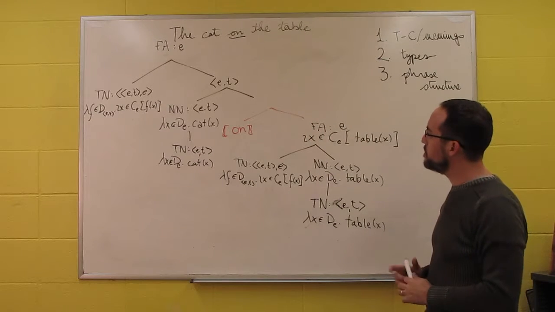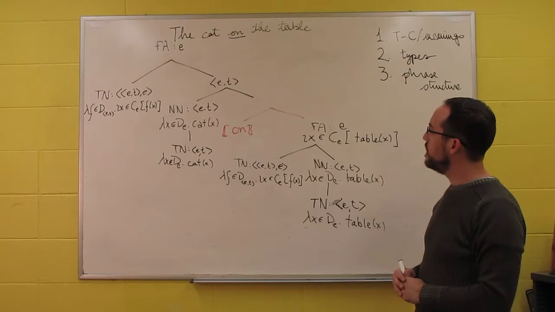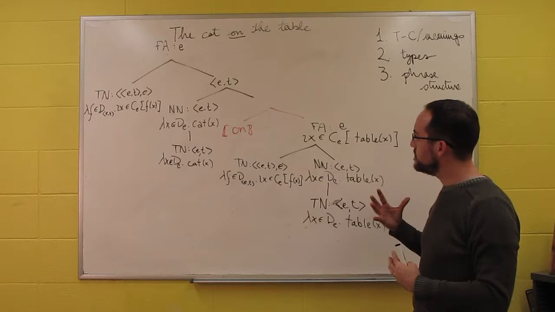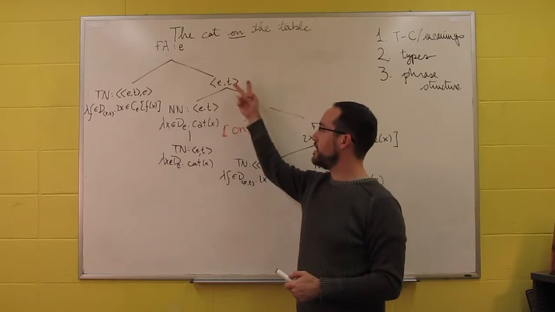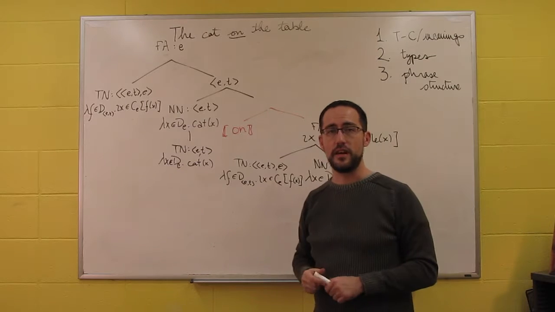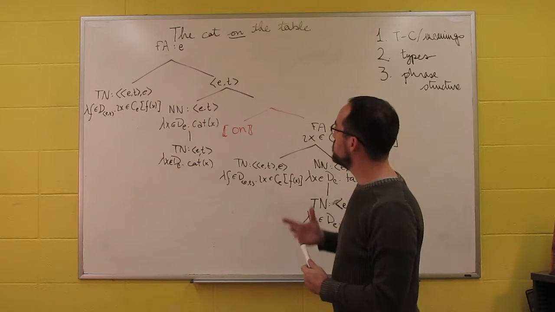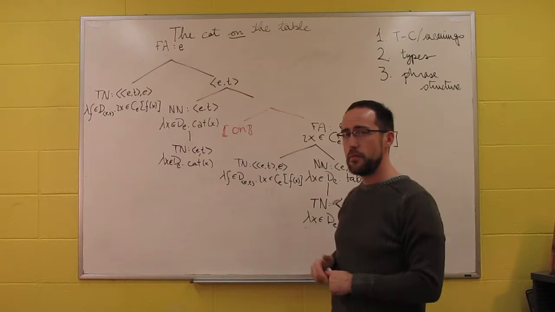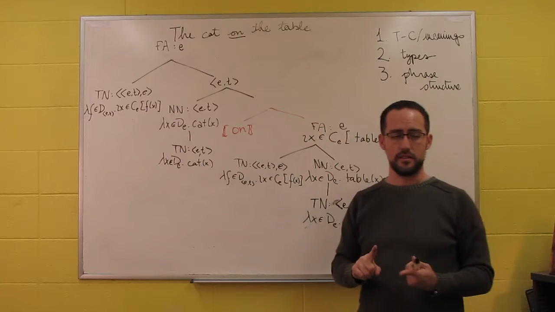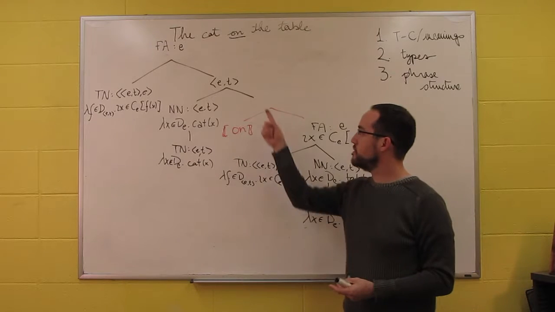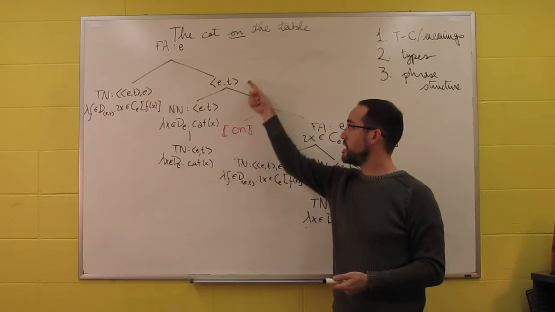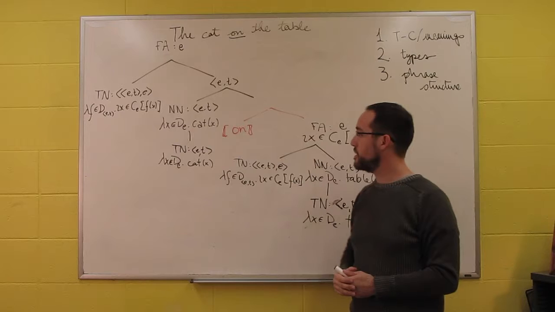All right, so we plug it in. If it's a property, it should be of type ET. If it combines by predicate modification, then it should also be of type ET. And we think that it should combine by predicate modification because, just like adjectives, it's recursive, it doesn't saturate, and the type of the noun phrase is the same type as its output.